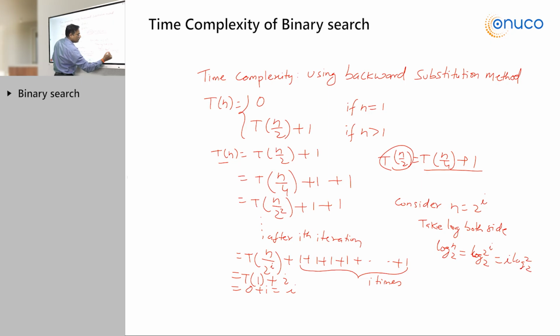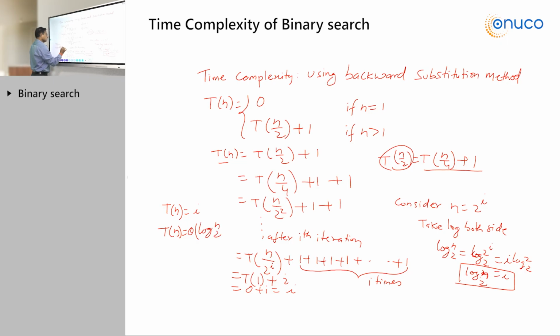Log 2 base 2 is 1, so we are getting i. What is the value of i? The value of i is log n base 2. Hence, the time complexity of this problem, T of n, is equal to i. Hence, we can say that T of n is equal to theta of log n base 2.